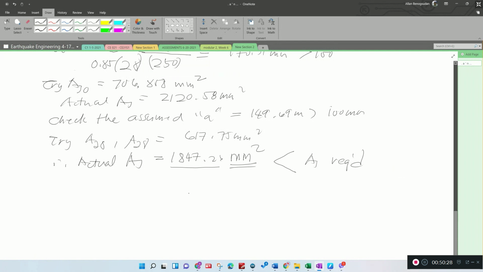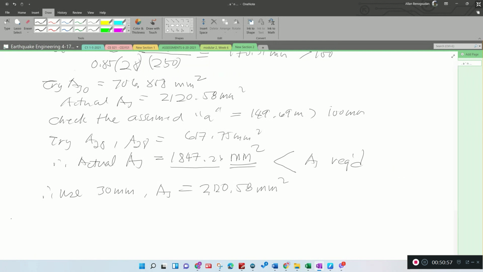So are we going to use? Therefore, use 30 mm. 30 mm gives AS equal to 2120.58 mm squared.